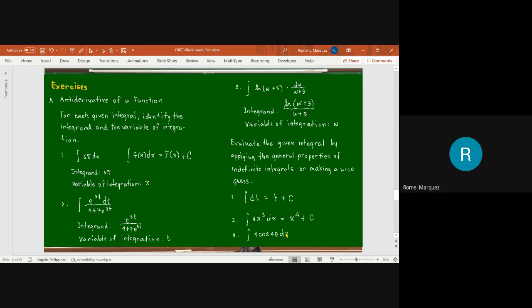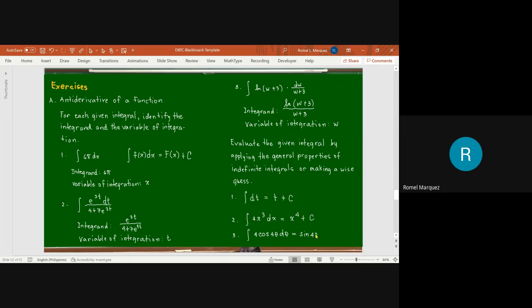Cosine is related to sine function. So sine of 4 theta, because the derivative of sine 4 theta is cosine 4 theta times the derivative of 4 theta, which is 4. So we have 4 cosine 4 theta. Is that right, guys? Yes. Plus C. Okay?